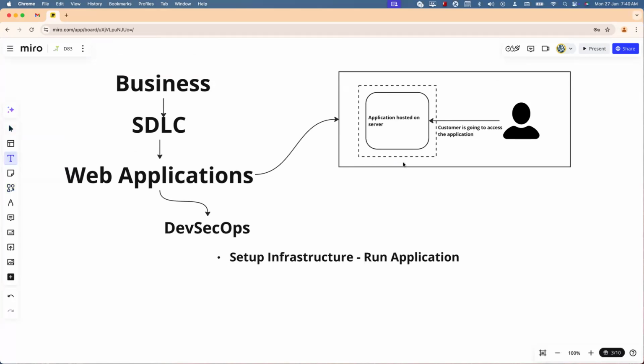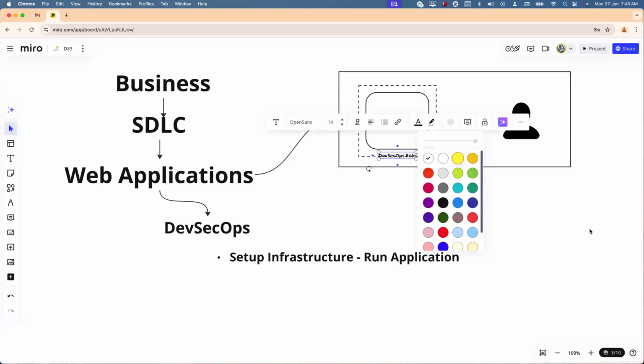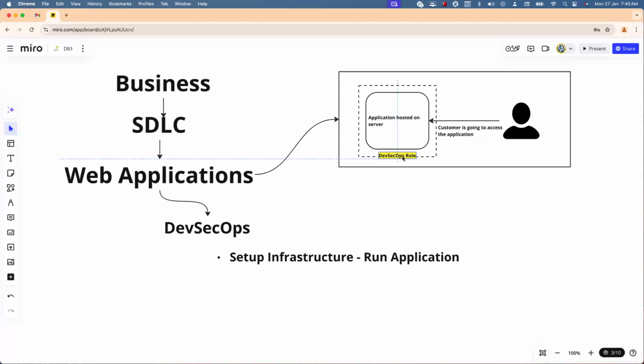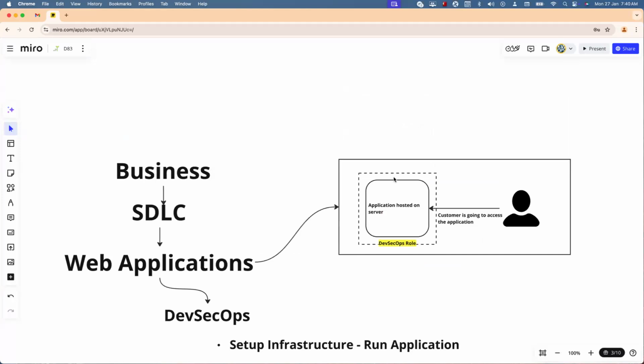The DevSecOps role is coming under this. This is the radius of your work: around this application hosting is your job. Above this, you will generally have the devs, developers plus QA.